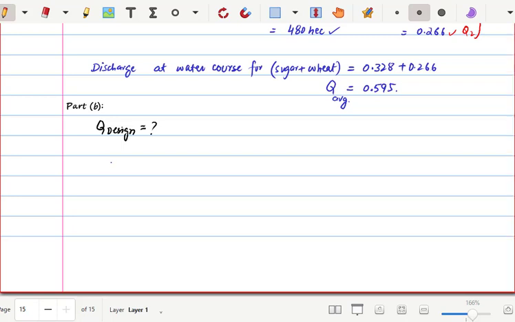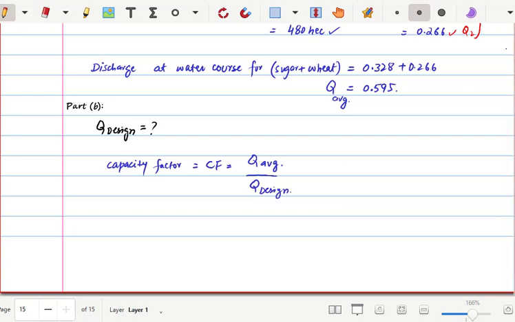We studied the formula, which was capacity factor. What is capacity factor? CF. Capacity factor is equal to average discharge divided by design discharge.